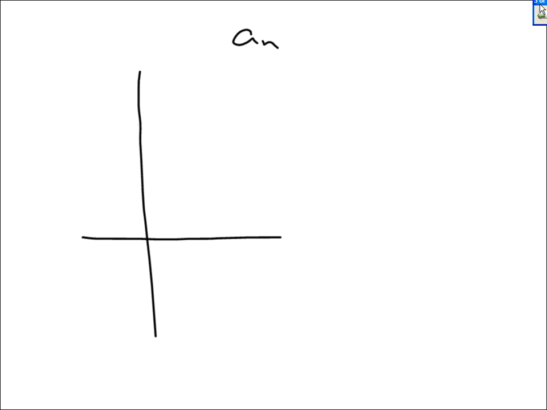Just because you're getting smaller and smaller and smaller doesn't mean that you're getting closer to 0. Let's suppose you had some a sub n where the terms really were getting closer and closer to 0. Well, just take another sequence and let it equal a sub n plus 1.